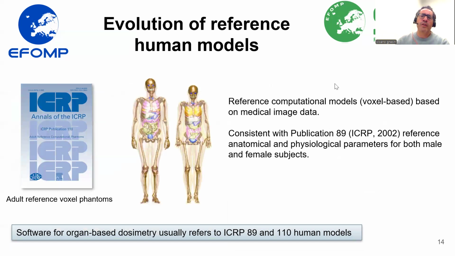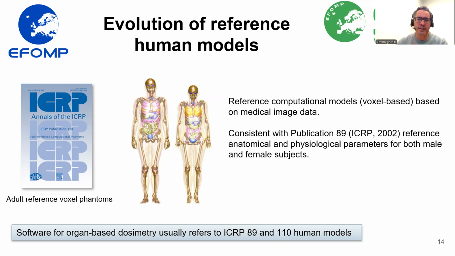The evolution of the reference human model happens over time with the ICRP models. And now at present, we have adult reference voxelized phantoms that are defined in ICRP publication 110. We have reference computational models based on voxels obtained from actual patient medical image data.